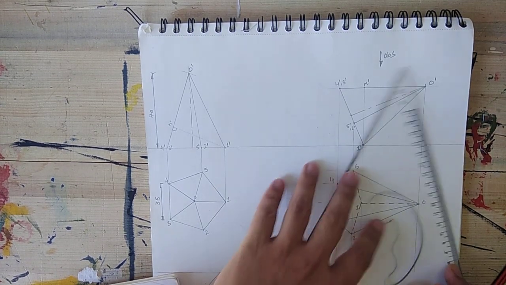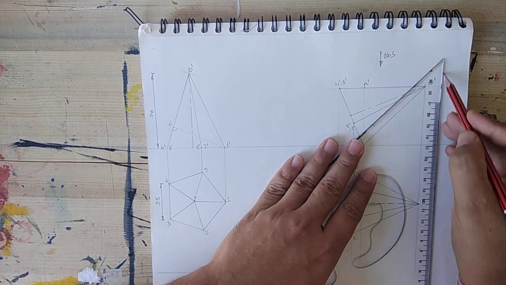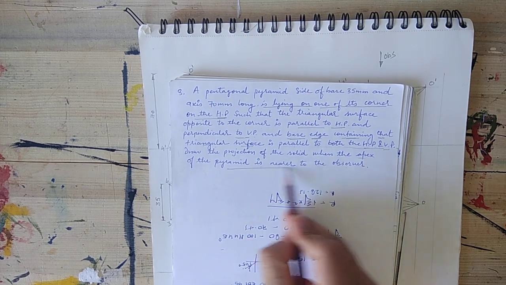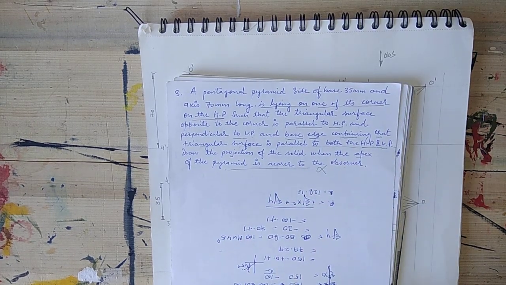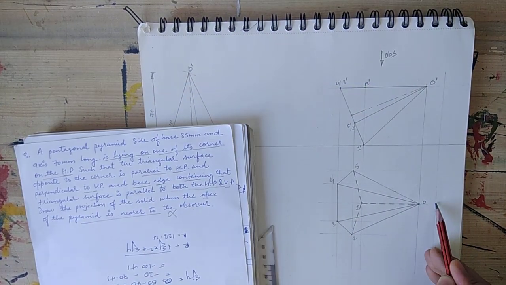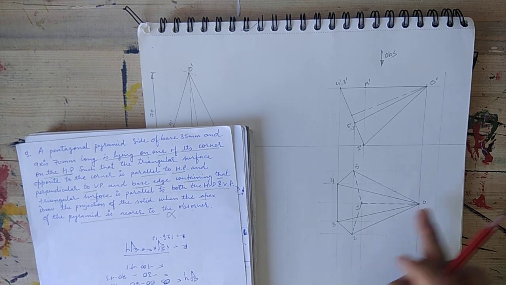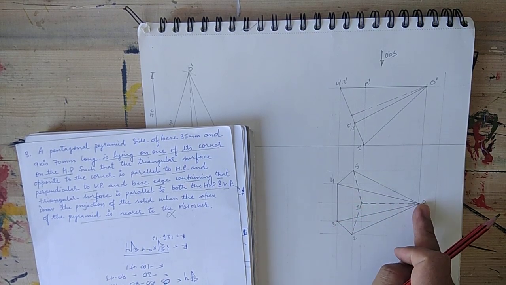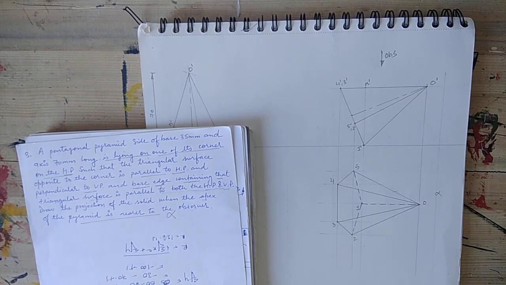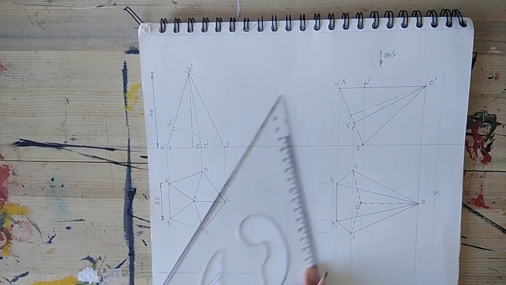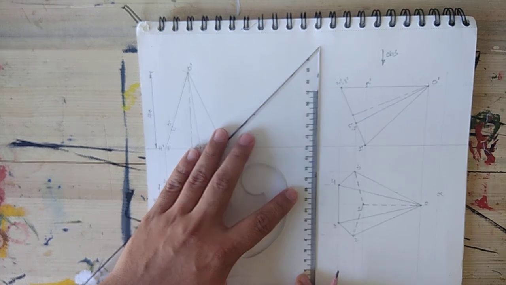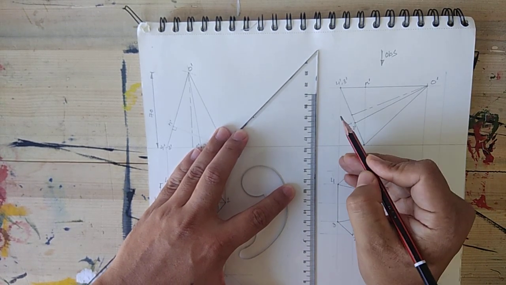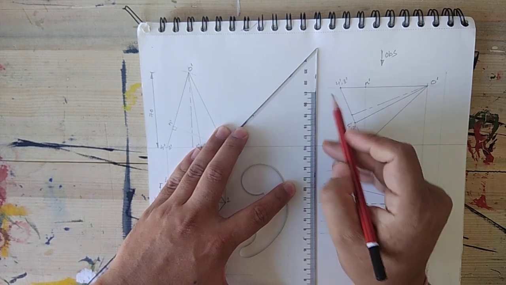Let's think class, the position of apex is nearer to the observer. Suppose class, if you draw a new reference line here, then this condition is not satisfying, because the observer position is here, so that means the apex position is away from the observer. So that means class we will draw a new reference line on this side.